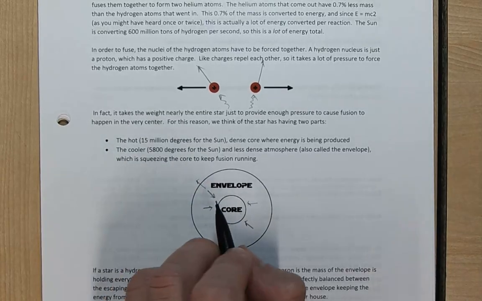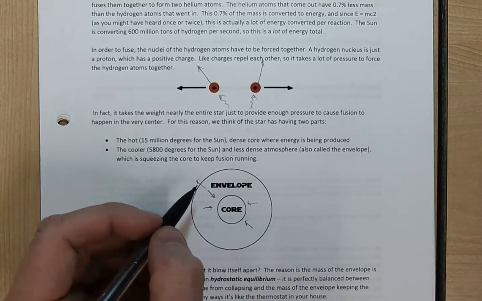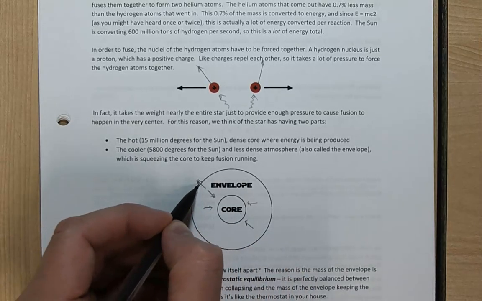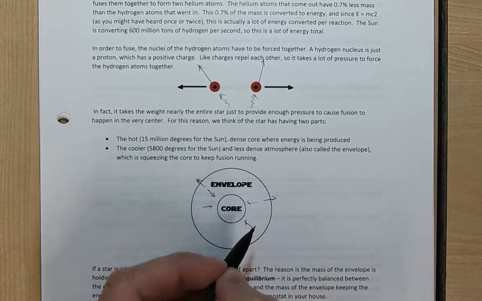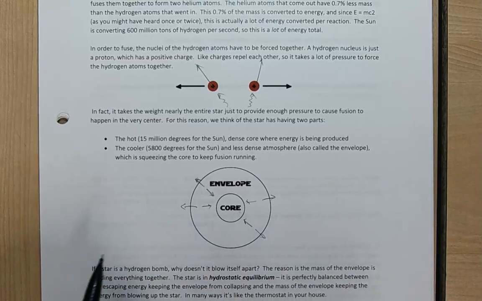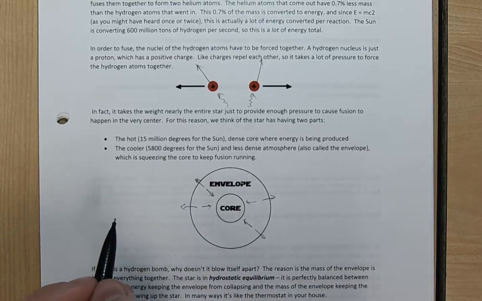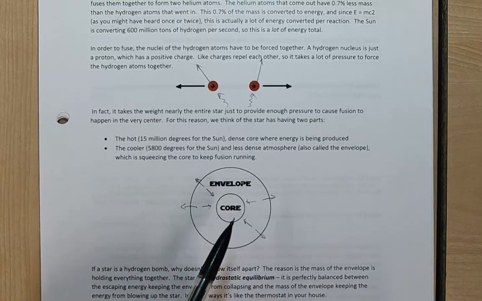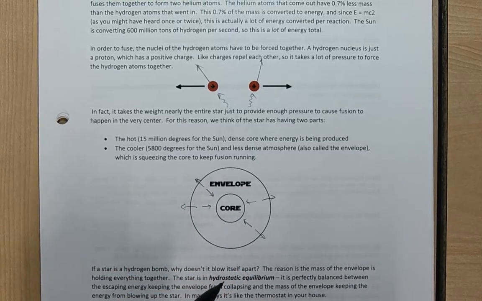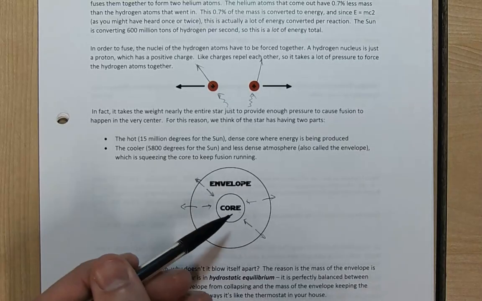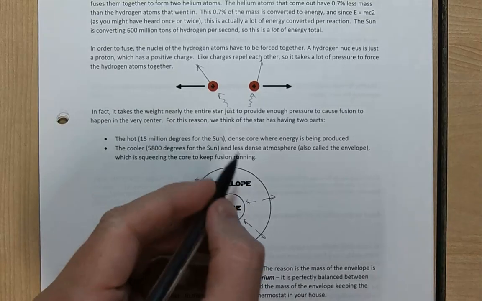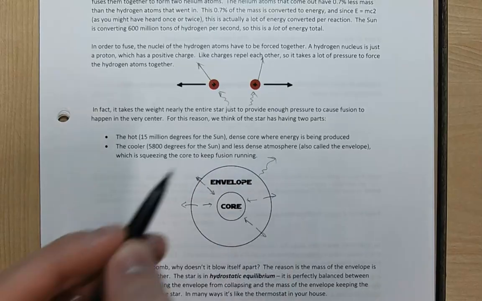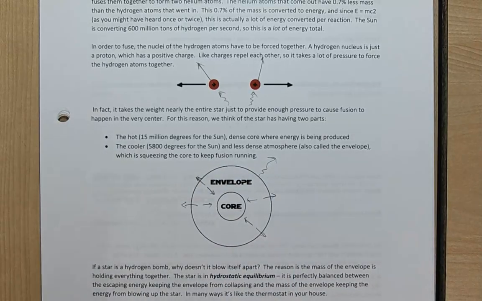As those photons keep hitting the hydrogen atoms and the helium, those collisions exert this outward pressure. That is what we mean by radiation pressure, right? Radiation pressure is this outward pressure caused by heat, caused by photons, caused by light. The light is trying to get from the core out to the photosphere, because once the light reaches the photosphere, then it can escape from the star and shine out into space.